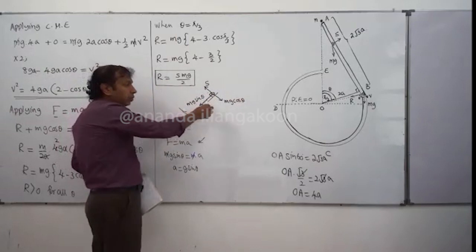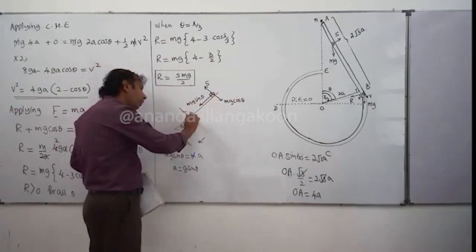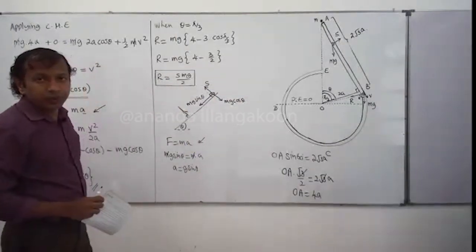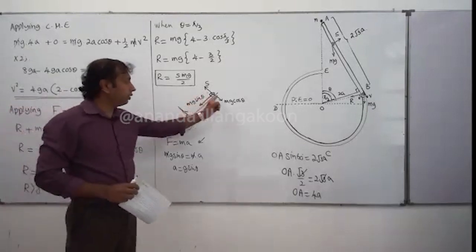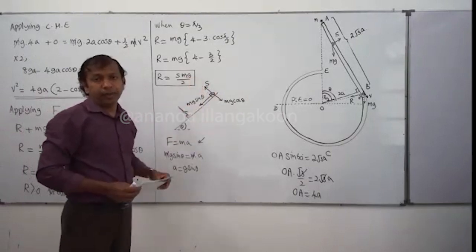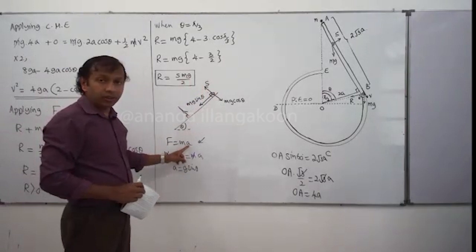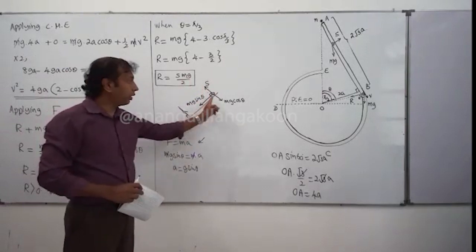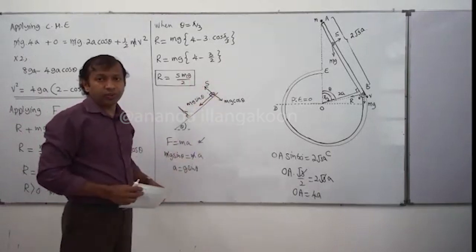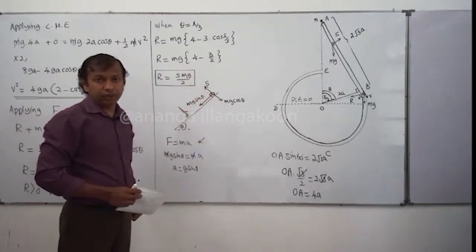The particle is always in contact with this plane, so it has no motion perpendicular to the plane. Therefore, applying F equals ma in this direction, there is no acceleration perpendicular to the plane. That means the resultant force along this perpendicular direction should be 0. That means S is equal to mg cos theta.